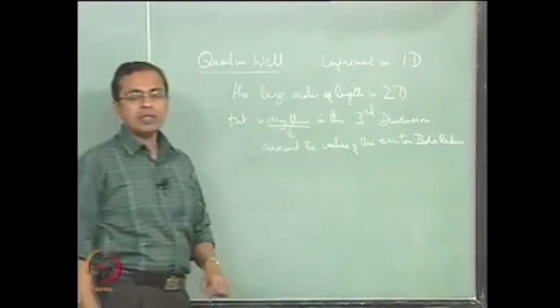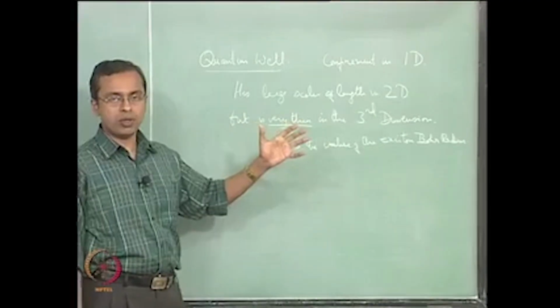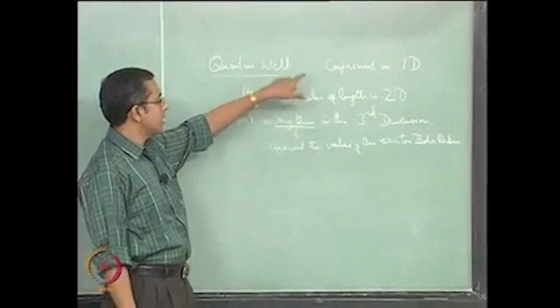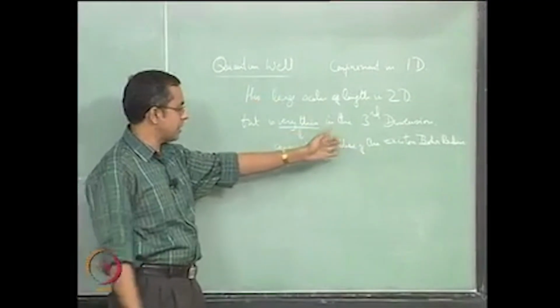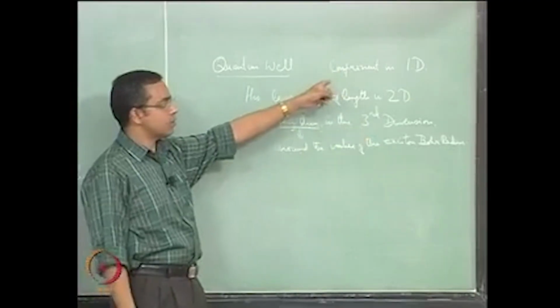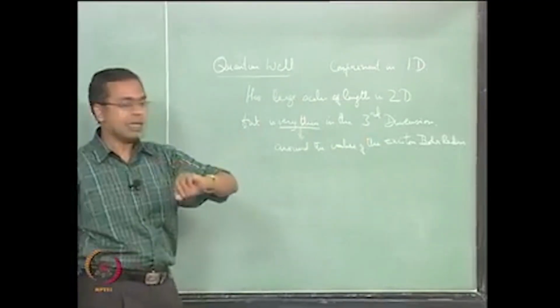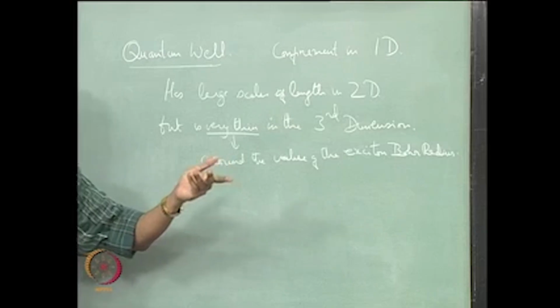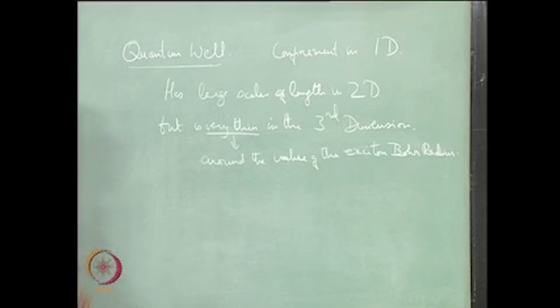So with respect to the exciton, which has also the same kind of size scale, it is confined in one of those dimensions where you have made it extremely thin, and in the other 2 dimensions it is relatively unconfined. Okay, so this is a quantum well.